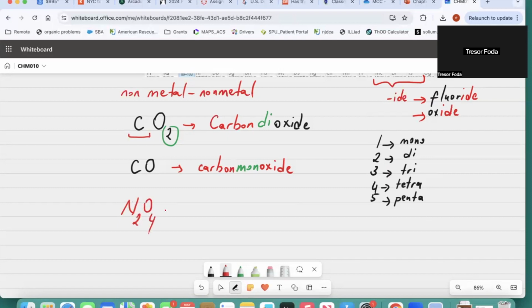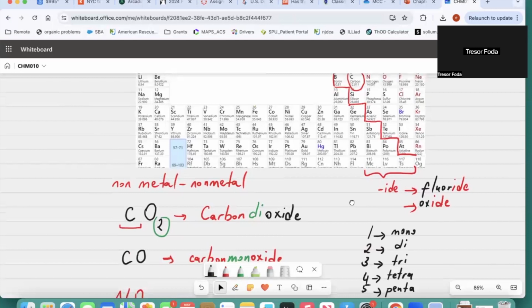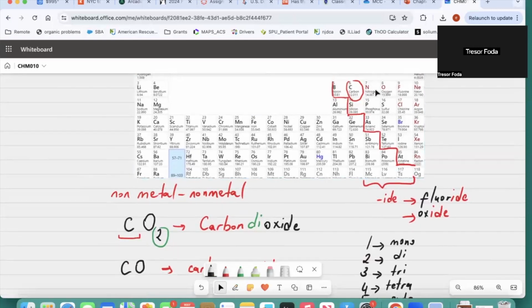Same thing. First, you need to identify whether it's a non-metal to non-metal. Nitrogen is a non-metal, and oxygen is a non-metal too. So the first one is N. What was the N again? The periodic table is a little up there, but hopefully you have your periodic table next to you. So it's nitrogen.